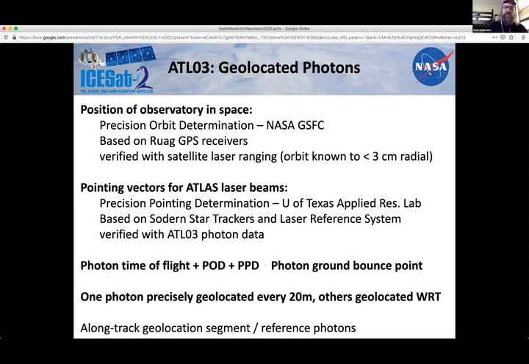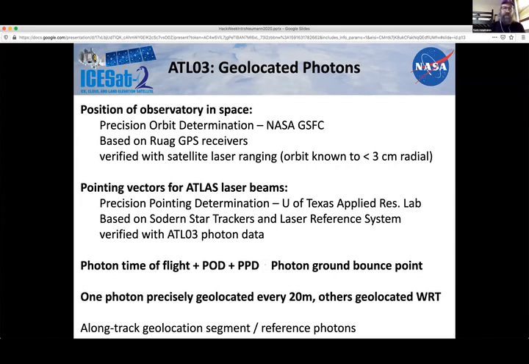And that was mostly to save on computational efficiency. It turns out to be computationally really expensive to do that first geolocation step. But since we know very accurately where each photon is relative to each other, we can very quickly geolocate the other photons within a particular segment.